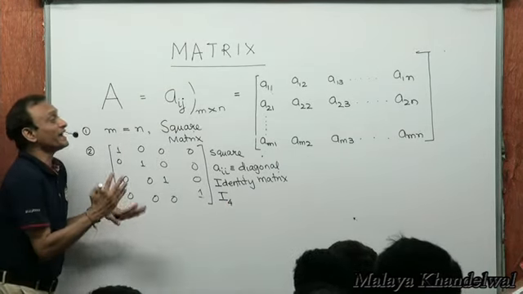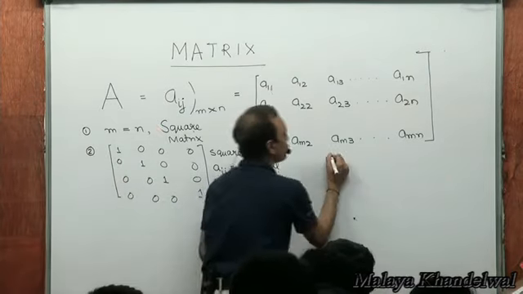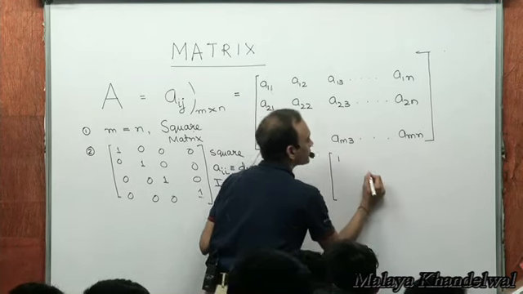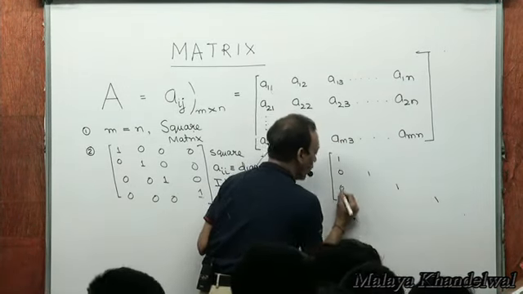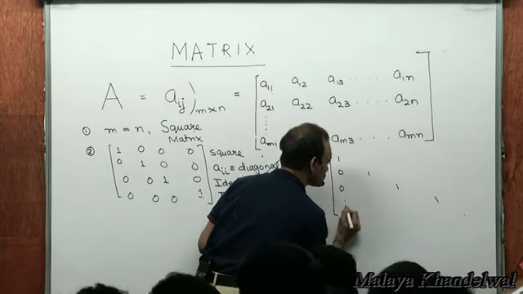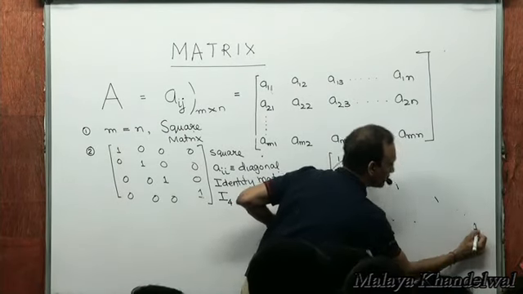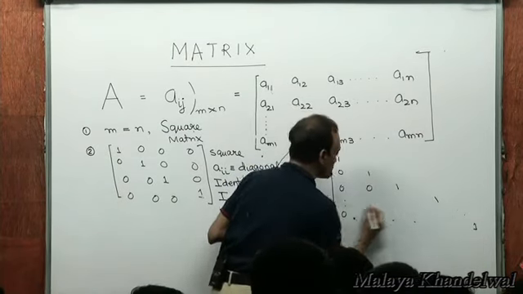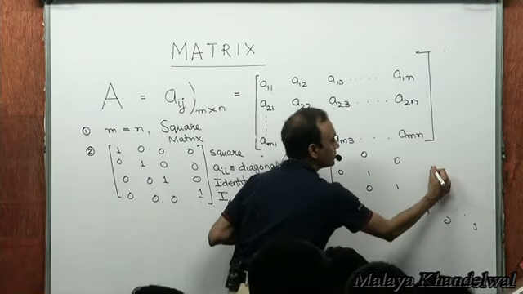I could have had an identity matrix of order n. It would have n rows and n columns, and all the diagonal elements would be 1, and the rest of the elements would all be zeros.